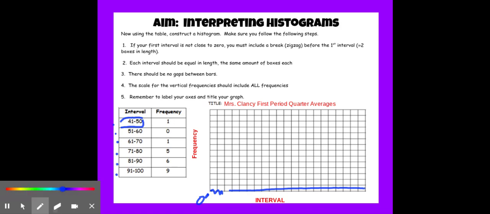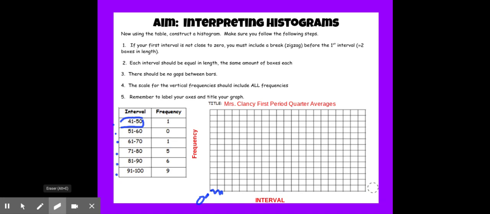So your goal is to count how many boxes there are and see if we can divide it up amongst 6 intervals. So there's 1, 2, 3, 4, 5, 6, 7, 8, 9, 10. Sorry, 2, 4, 6, 8, 10. We got to 10. 12, 14, 16, 18, 19 boxes.